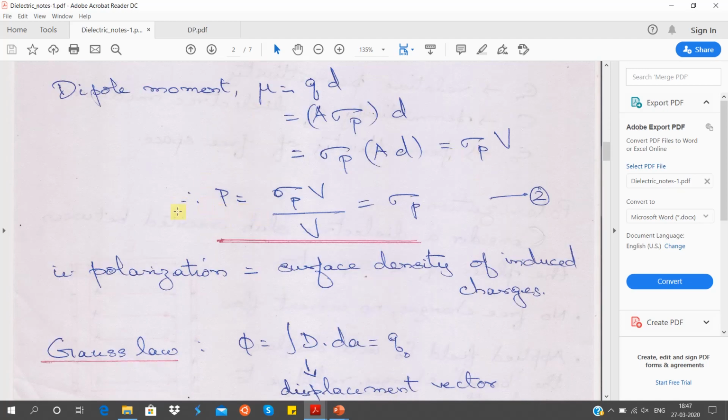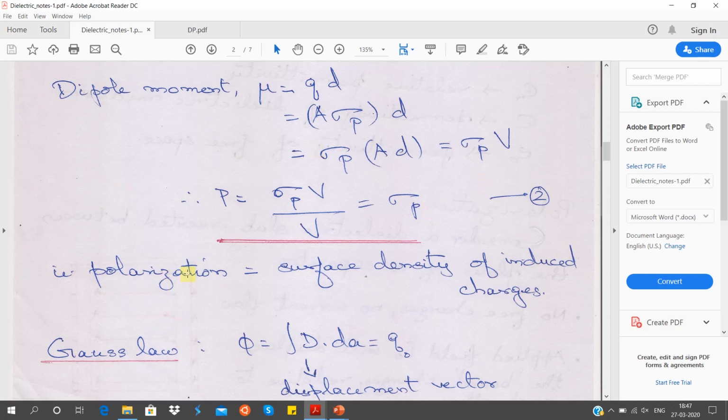So the surface charge density sigma p is actually representing the surface charge density of the bound charges, or the surface charge density due to dielectric polarization. So I give it as sigma p. That means polarization becomes equal to the surface charge density of the bound charges due to the effect of dielectric polarization.